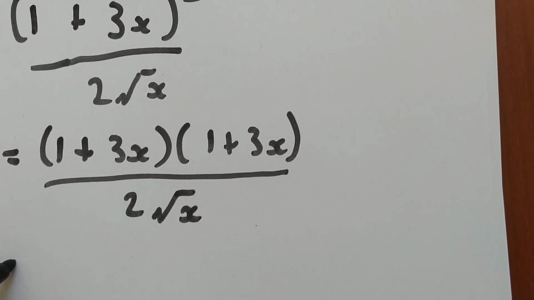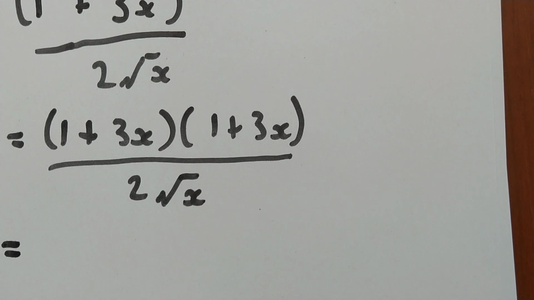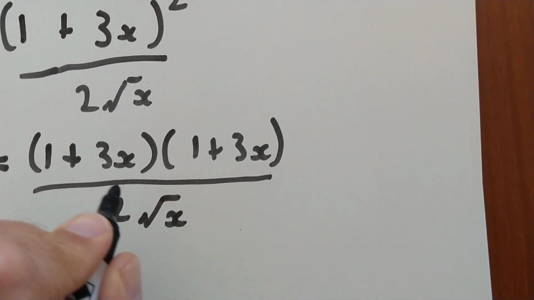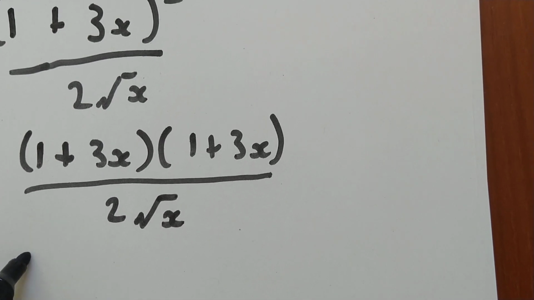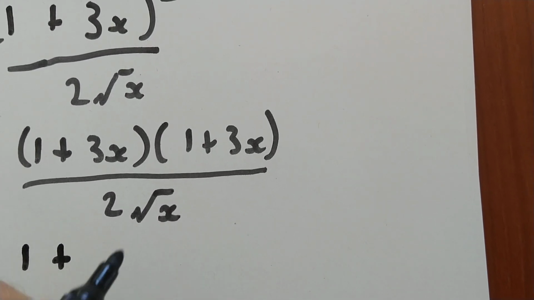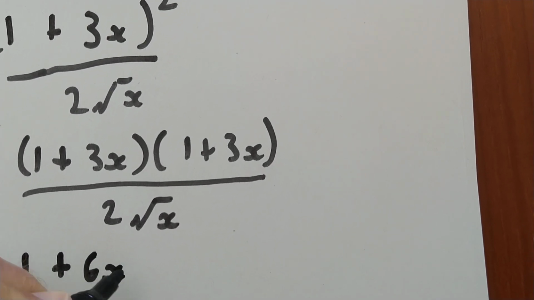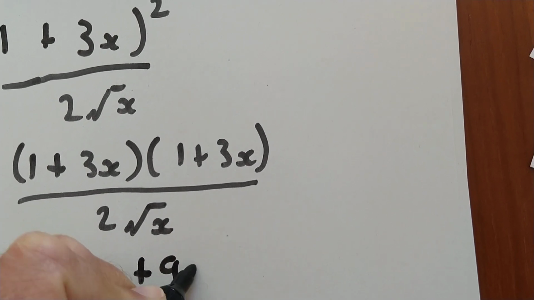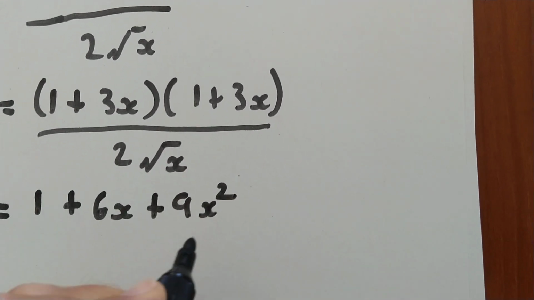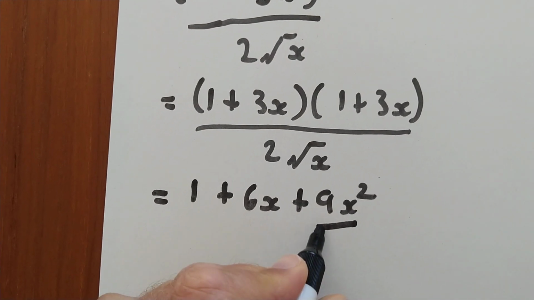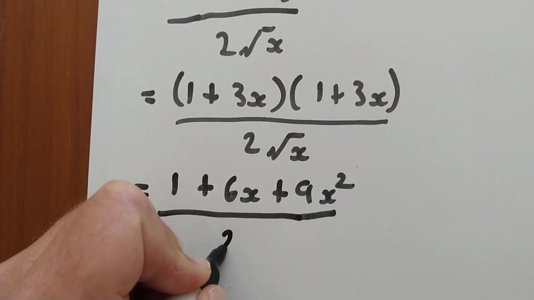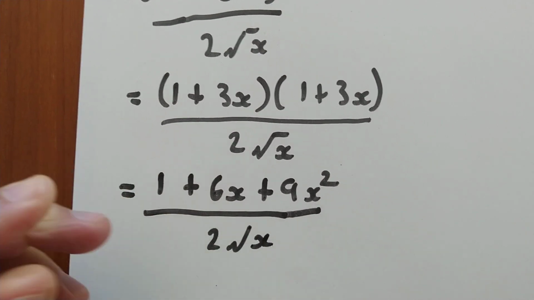Through whichever method, doing a grid or because you know it, 1 plus 3x times 1 plus 3x, I would hope you get 1 plus 6x plus 9x squared, all over 2 root x.